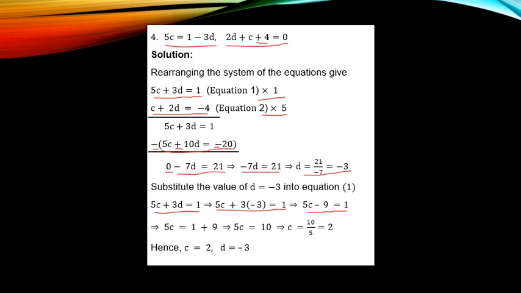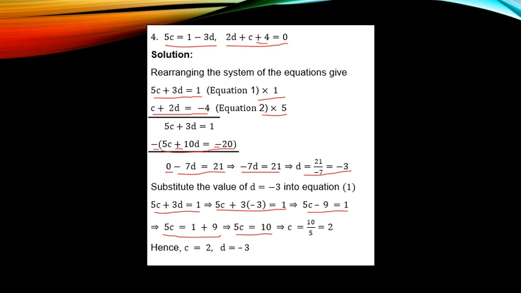So you have 5c minus 9 equal to 1. Collecting like terms, you transfer minus 9 to meet 1, it becomes plus 9. So you have 5c equal to 1 plus 9. That implies that 5c is equal to 10.